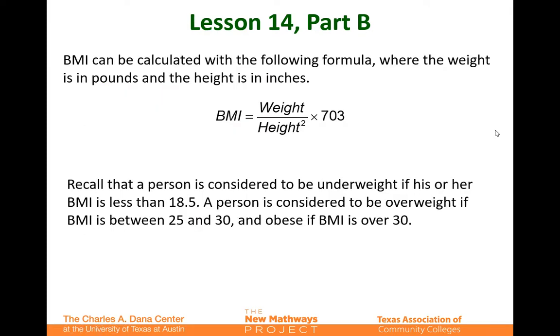All right, here's our BMI formula. It says, recall that a person is considered to be underweight if his or her BMI is less than 18.5. He's considered to be overweight if his BMI is between 25 and 30, and obese if a person's BMI is over 30.